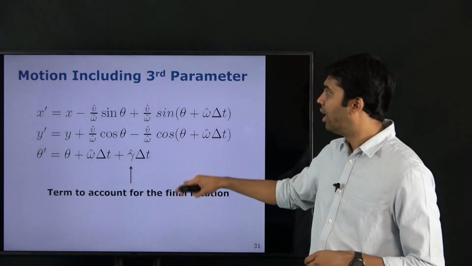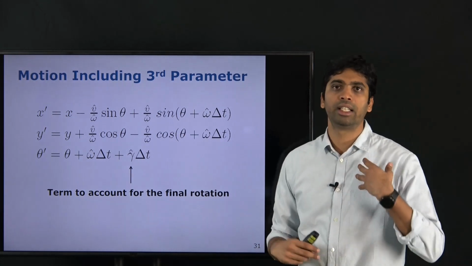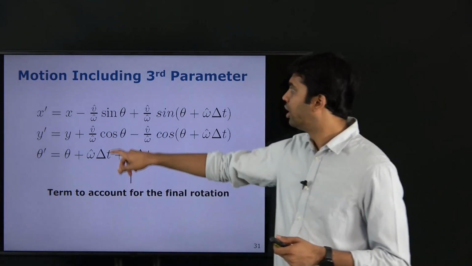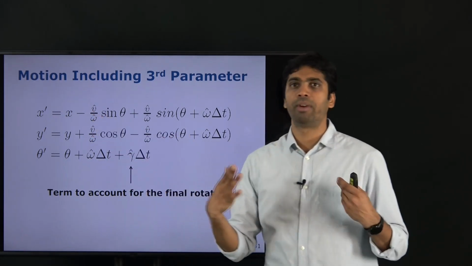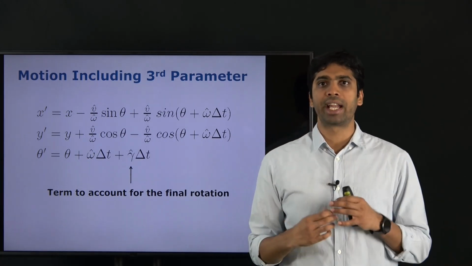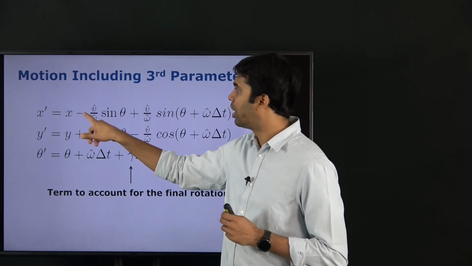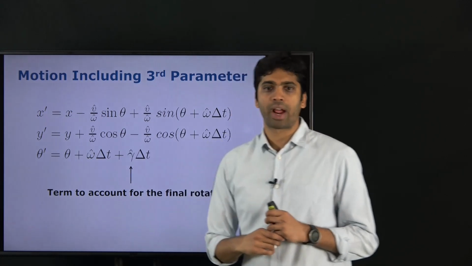Here we won't go through the proof of how these equations come up, but basically these are the motion update equations when we use the velocity model. So the commands are basically v and omega. Here they're actually v hat and omega hat, the ones which have the noise already added to them. And so if you start at x and then you apply a particular command v and omega, you end up at this x prime.